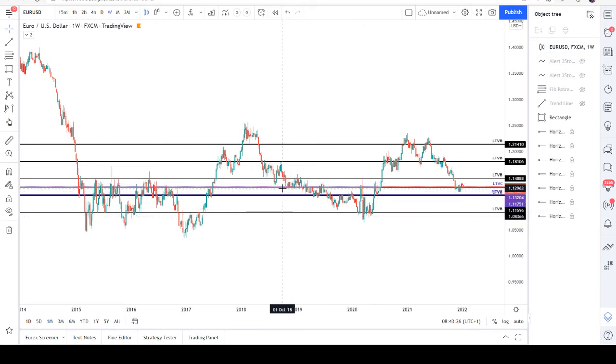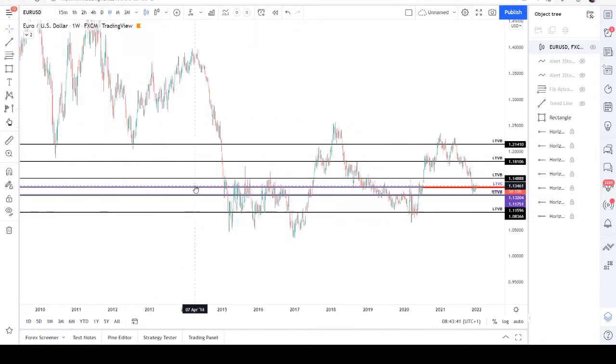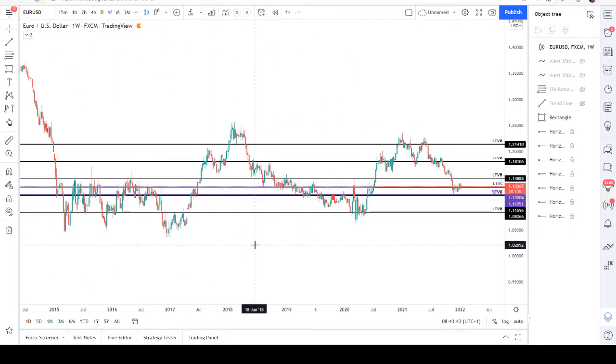So you see, look there, it's a weekly chart. Just remember that. Look how this area has been holding the price on each side in many occasions and from far away.